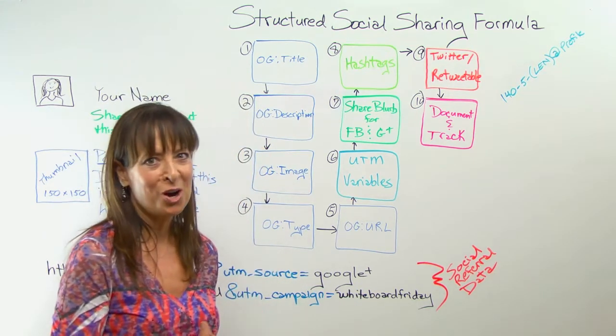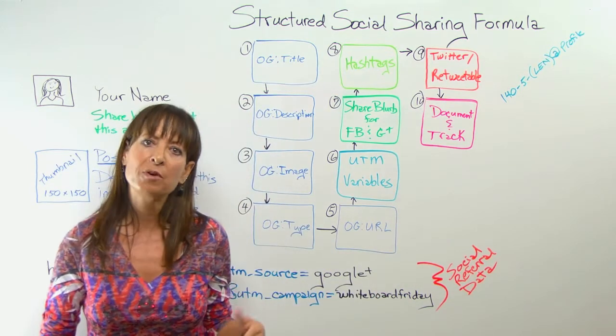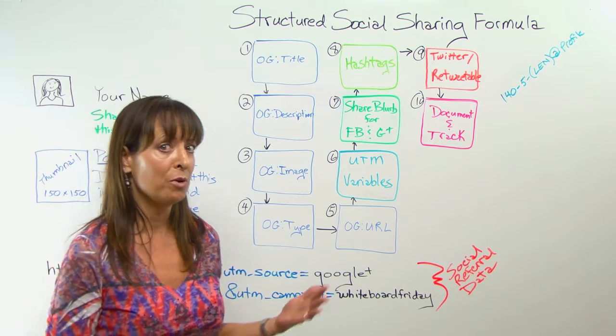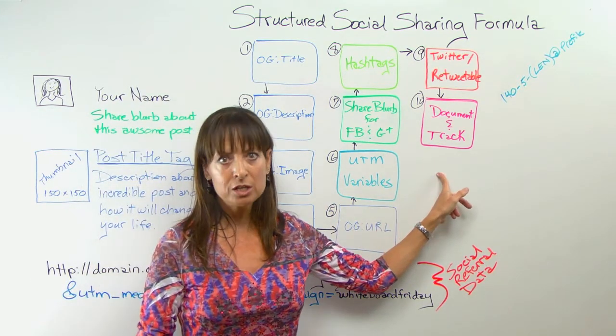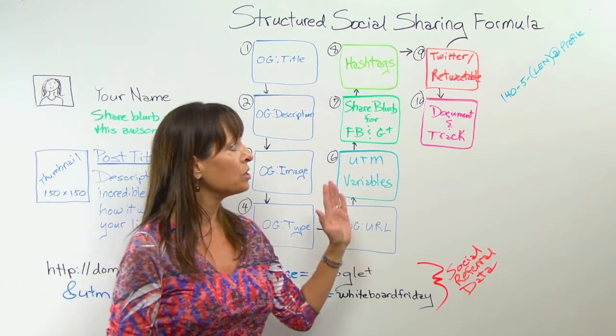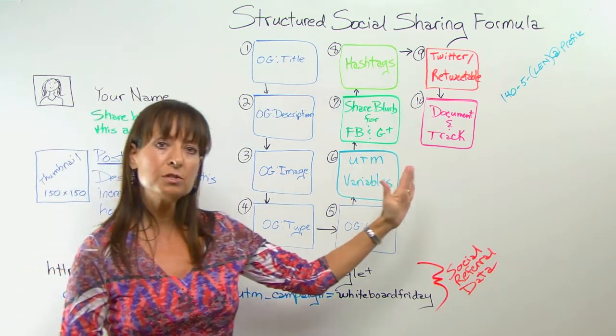Okay, last thing, document and track. I have a worksheet, and we're doing a Whiteboard Friday as part of MozCon, and I will be speaking about this tomorrow on Friday. By the time you see this, it'll be after the fact. You'll be able to download a worksheet, and that'll be in the information below in the post. There'll be a field for each of these pieces of information.